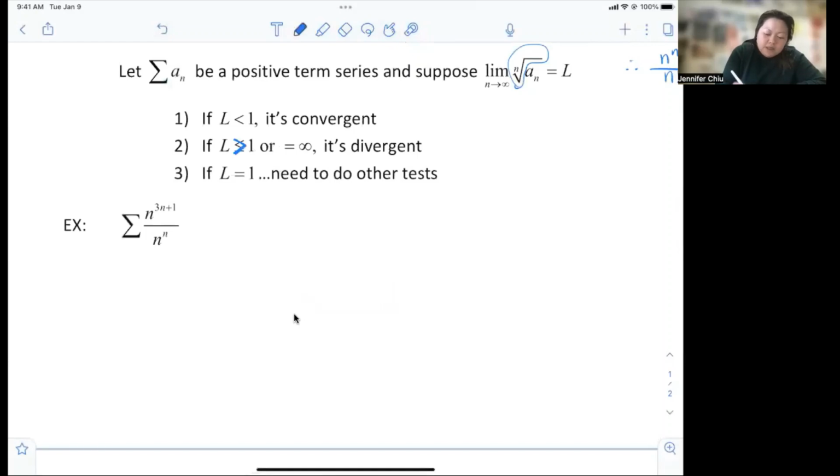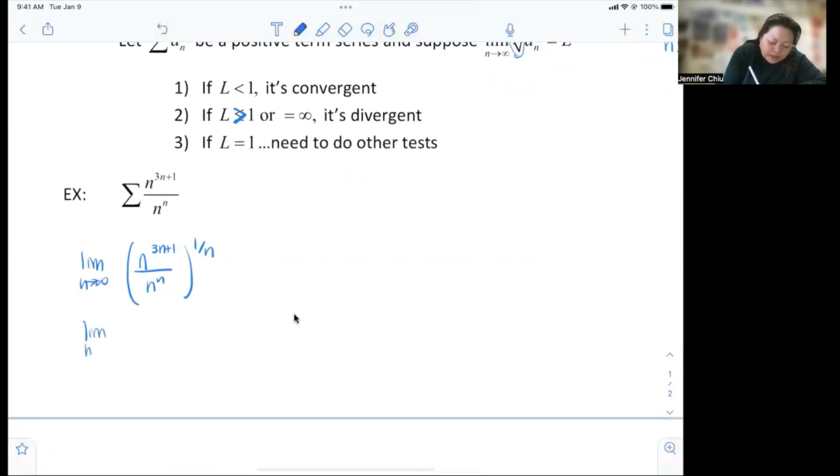Okay, understand that. So what do I do here. Okay, so I have this series here. We have this series of n to the 3n plus 1 over n to the n. I'm going to take it to the nth root, so 1 over n power. Don't forget, it's a limit as n approaches infinity. Right? Okay. All right. So now I'm going to clean this up. Limit as n approaches infinity. N to the, remember, this is really a power to a power.